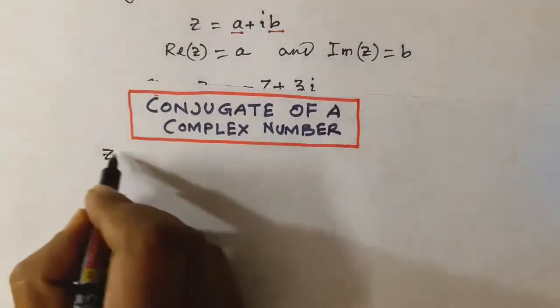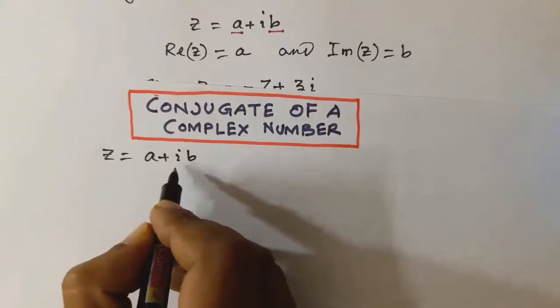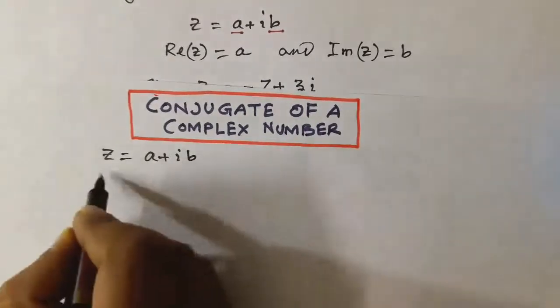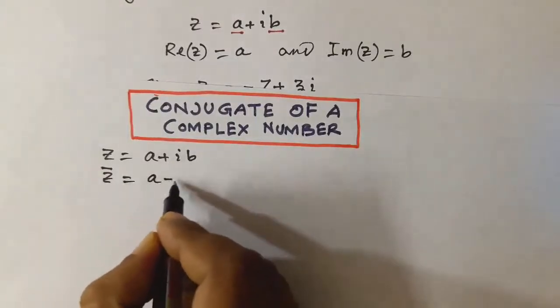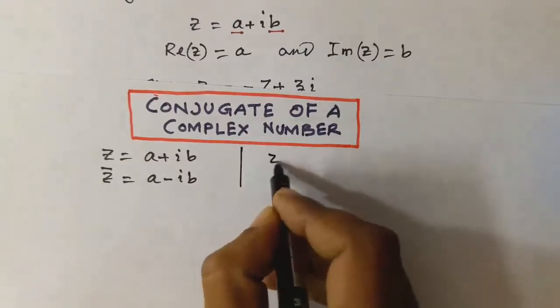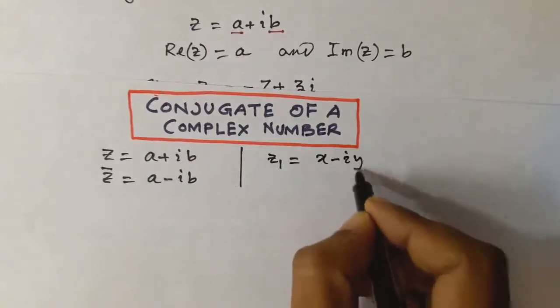Let z is equal to a plus ib be a complex number. Then the conjugate of z is denoted by z bar, and this z bar is equal to a minus ib. We consider another complex number, say z1 is equal to x minus iy.